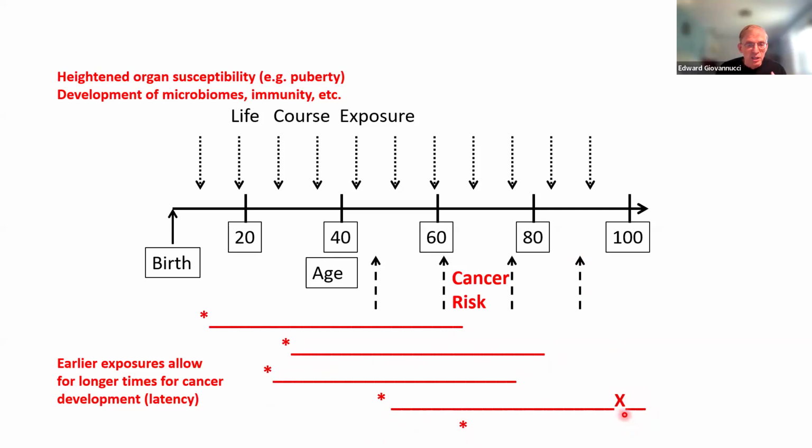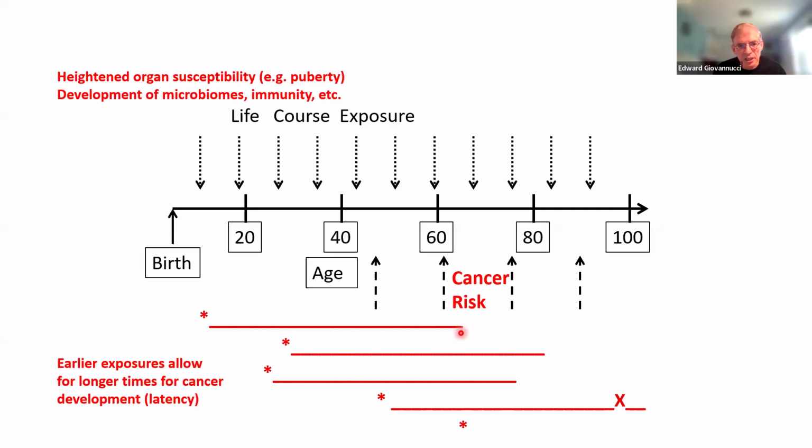So in a sense, you can be getting mutations at any point in life, but if you get it earlier, you're more likely to get a cancer within your lifetime, and obviously more likely to get a cancer at an early age.